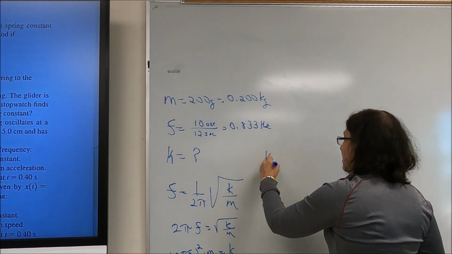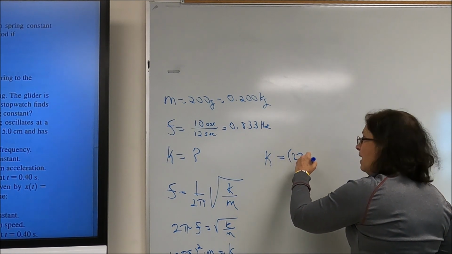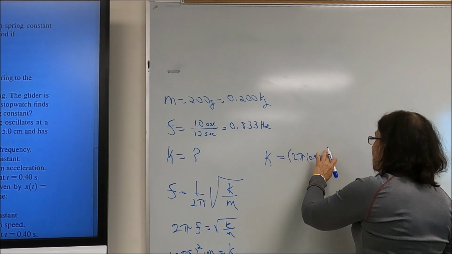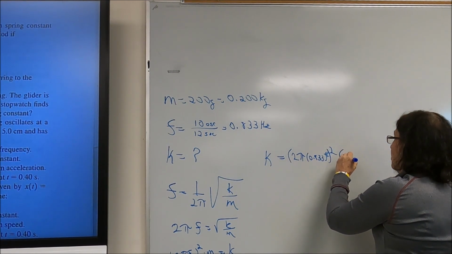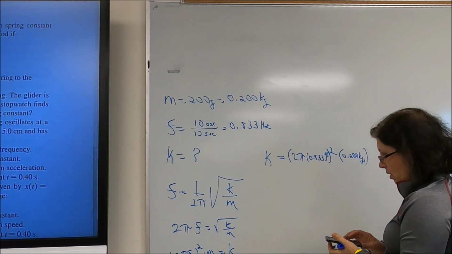So if I plug in, k is going to equal 2 times pi times 0.833 quantity squared times the mass, 0.200 kilograms.